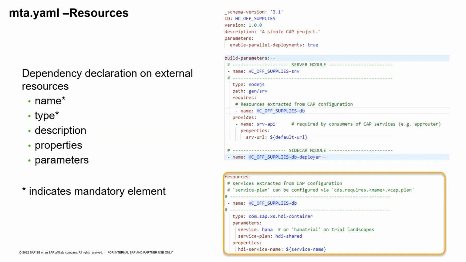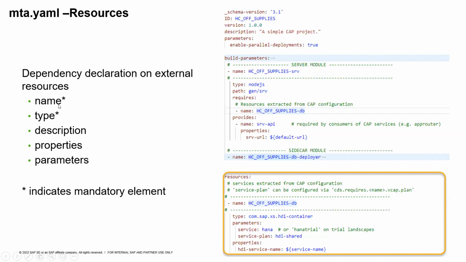Then resources. So a resource is something that is basically required by a module of the MTA at runtime or at deployment time, but not provided inside the MTA itself. So more precisely, an MTA descriptor declares a resource dependency, not the resource itself. Sometimes they are referred to as backing services. So again, we have name and type, which are mandatory for declaring a resource.